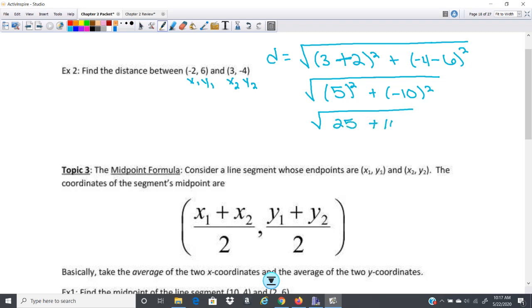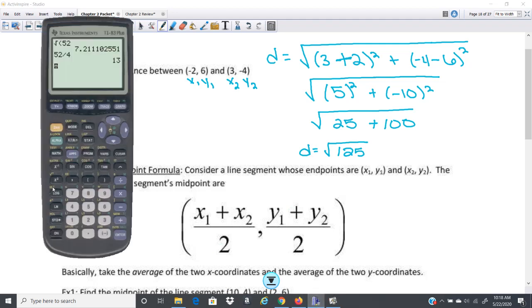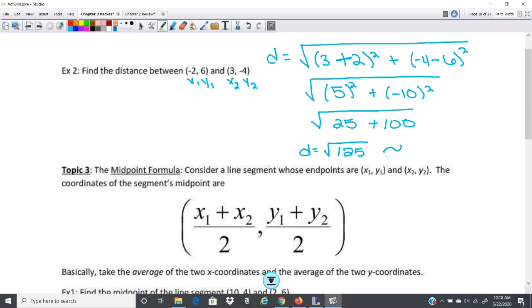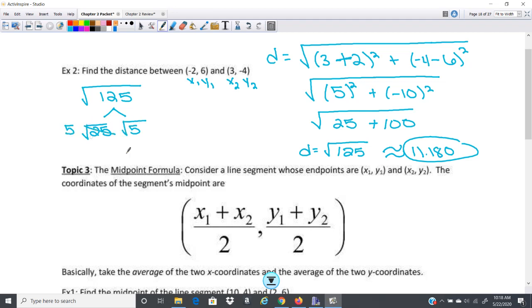Negative 10 squared is positive 100. That is going to give us the square root of 125. Okay, let's get the approximate answer: 11.180. And then let's get the simplified answer. I can pull a 25 out of this, 25 times 5, and then take the square root of 25, which is 5. So our simplified answer is 5 radical 5.